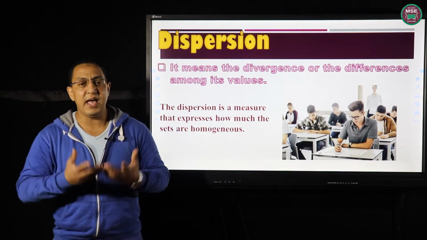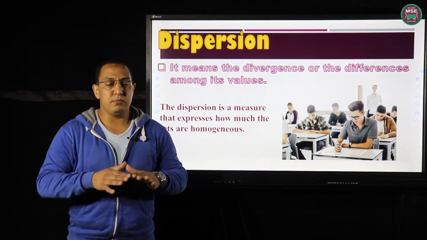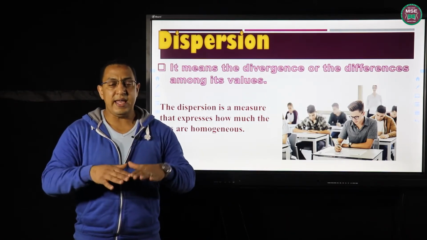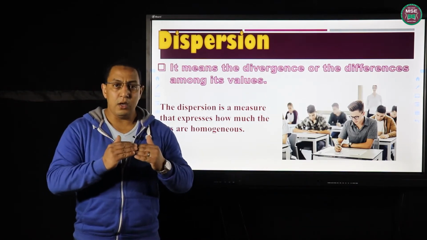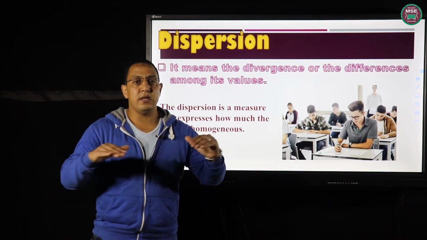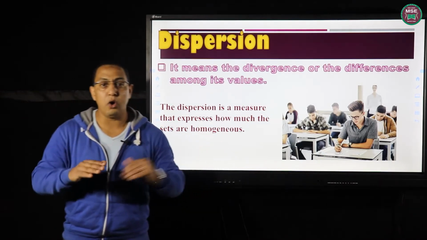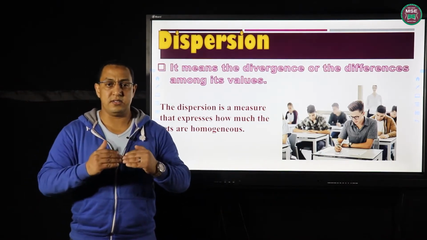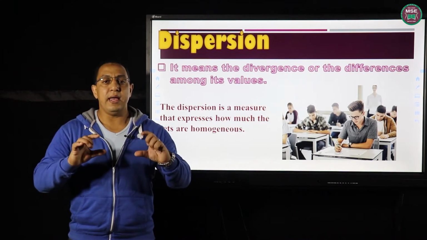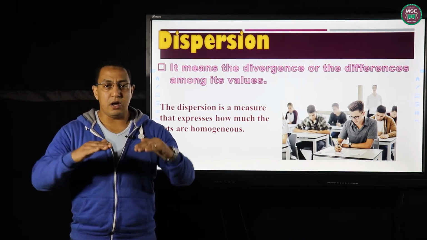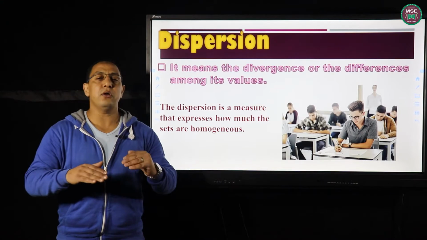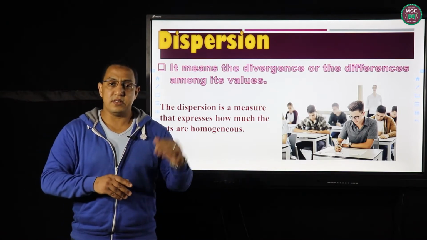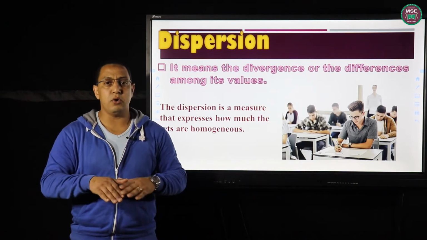For example, if I have a class where most of the students have a good level, then these students are homogeneous. Or in another class, if the students are low level, then this class is also homogeneous.